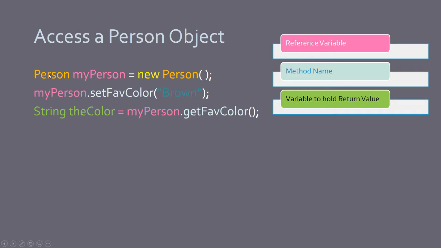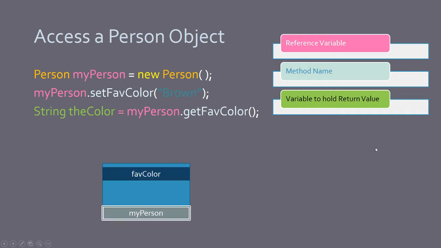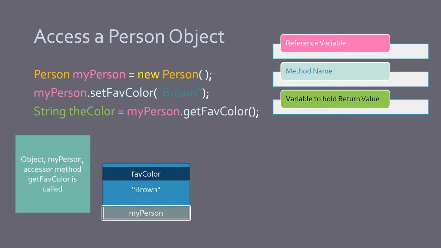We can say our person class, we want to create an instance named myPerson. Then we want to set our favorite color to brown using our setFaveColor method. And then we're going to declare a variable that is going to use our accessor method. Our variable is called the color, and we've got that allocated over here somewhere else in memory.